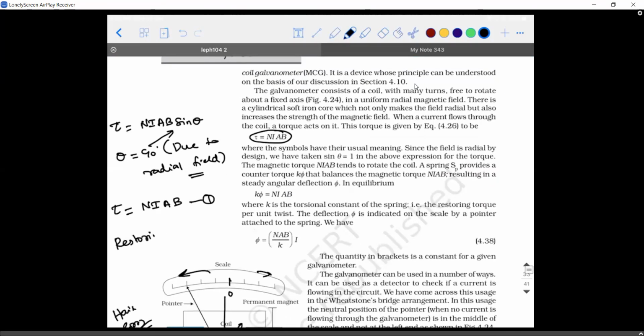But the spring will experience a restoring torque whose value is given as K phi. Okay, so what should happen is this external torque NIAB should be equal to K phi.